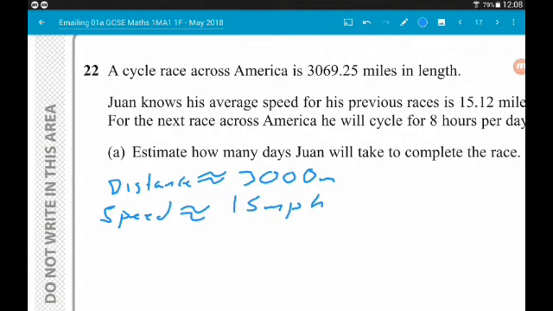Now the question is asking us to estimate how many days it's going to take him to complete the race. We know each day he's going to cycle for 8 hours. So what we can first of all work out is how far he's going to get per day.